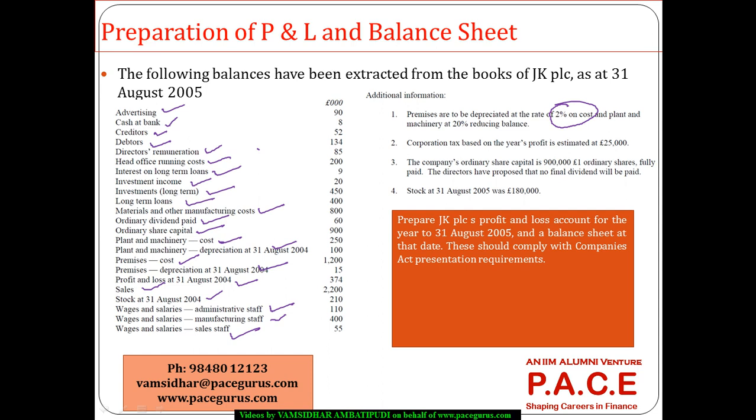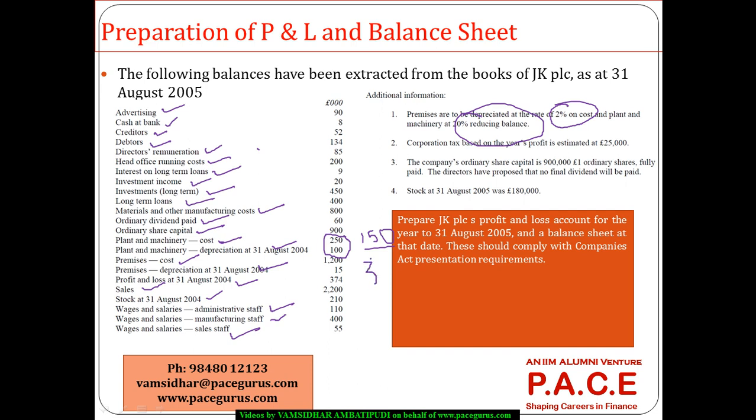Now plant and machinery at 20% on the reducing balance. When I am talking of reducing balance, the cost is 250, till date 100 has been depreciated, which means only 150 is the amount that is still remaining. In a reducing balance, we are always subtracting the accumulated depreciation from the cost, and we are applying the depreciation on top of it.